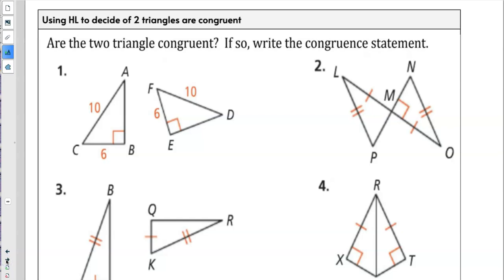Now, are the 2 triangles congruent? Here's the thing. I have my hypotenuse. How was I able to find it? It's opposite the right angle. Yeah, the hypotenuse is congruent. That was step 1: first, right triangle. I got right angles, so I got right triangles. Step 2, hypotenuse. Step 3, legs. Do I have legs? I've got a leg of 6 and a leg of 6.